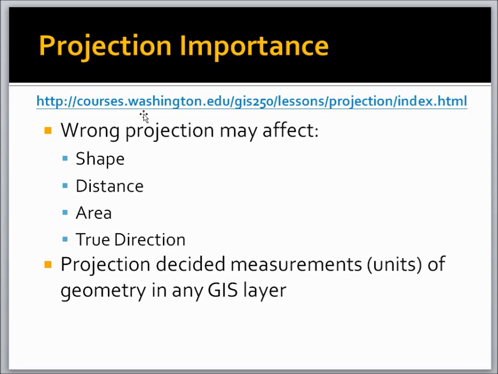The wrong projection may affect shape, distance, area, or true directions. Further than that, the layer projection also decides all geometry measurements in the GIS layer, which means the units, the area, the length, or XY coordinates are defined by projection.